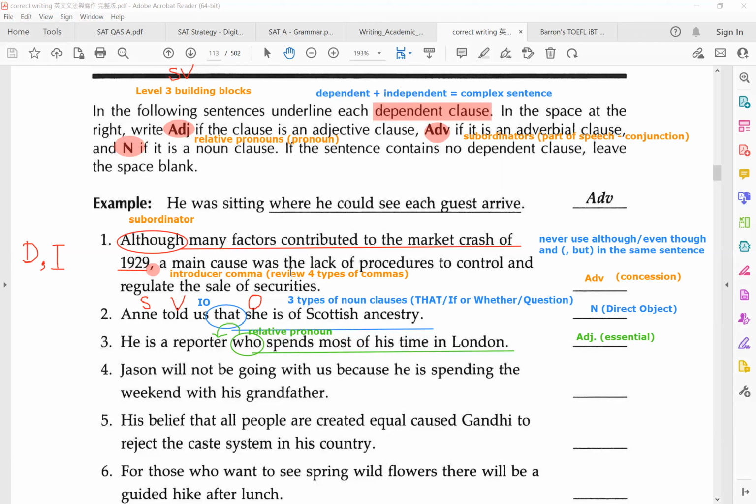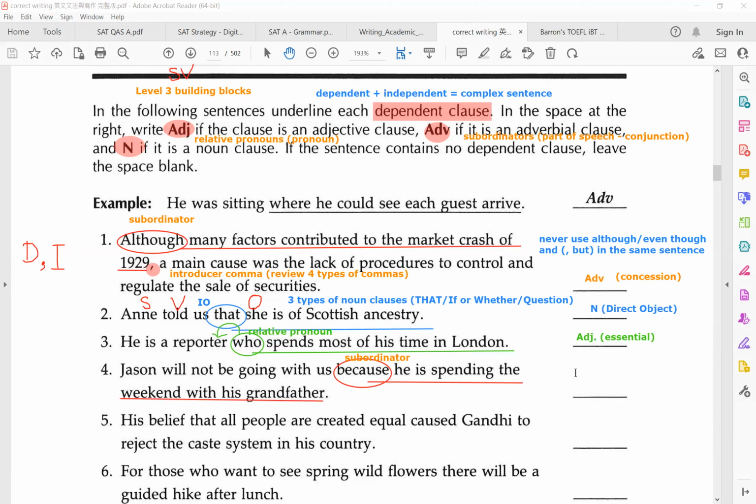Number 4, Jason will not be going with us because, well, if you remember, because is a subordinator. So it is like although, and that means we have an adverbial clause here, right?